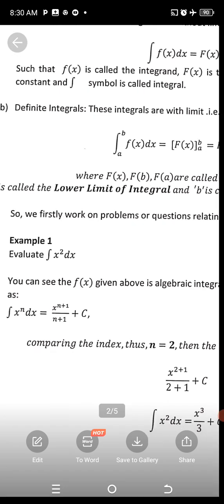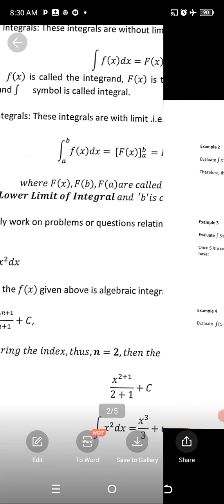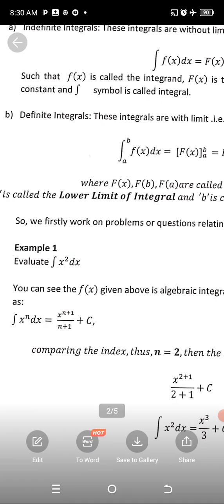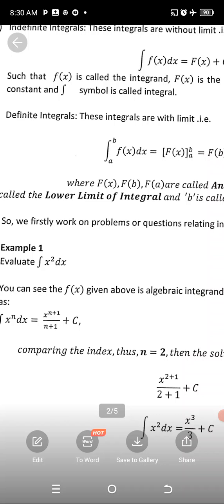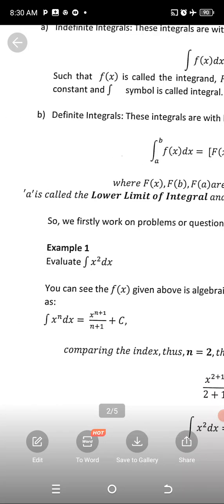You can see that the function given above is an algebraic integral. Thus the solution will be written as you've been given in the first slide, and that was why I put it there. The integral of x raised to power n dx is equal to x raised to power n plus 1 over n plus 1 plus c.